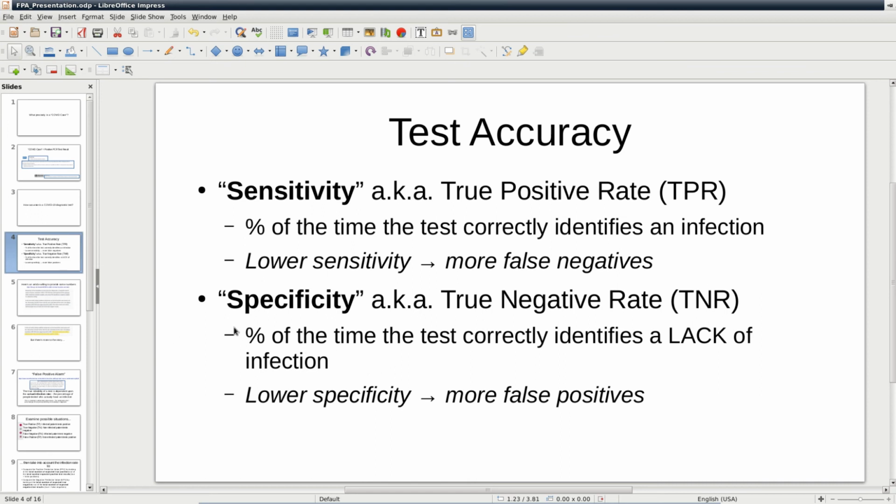But those are the basic metrics. So when you're asking the question, how accurate is a test, you're going to have two numbers: a percentage that says the true positive rate and a percentage that says the true negative rate, also known as sensitivity and specificity.